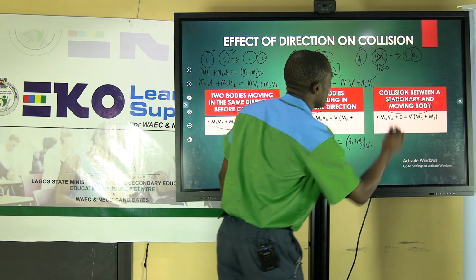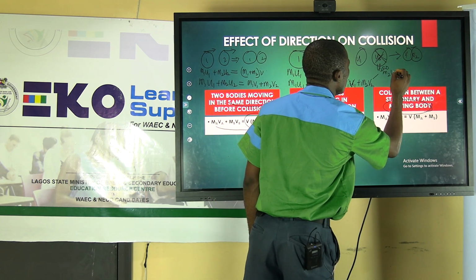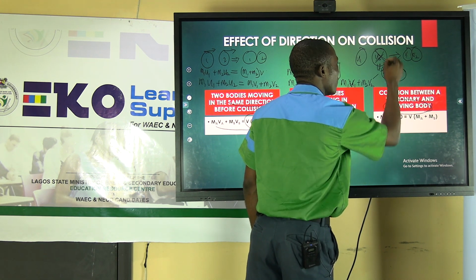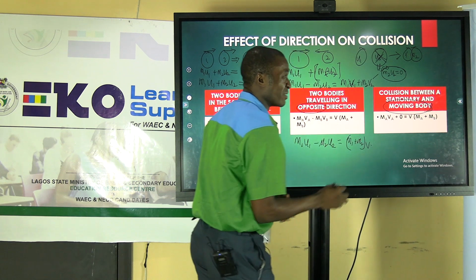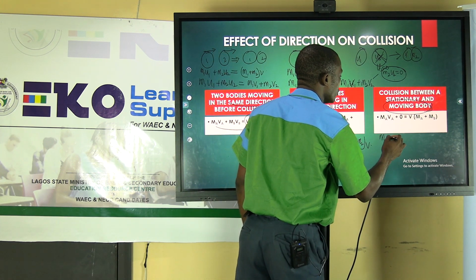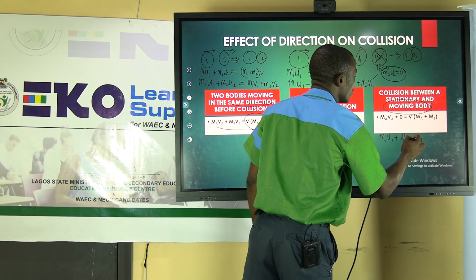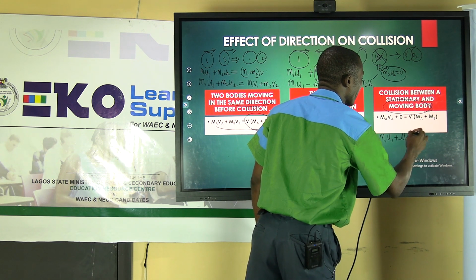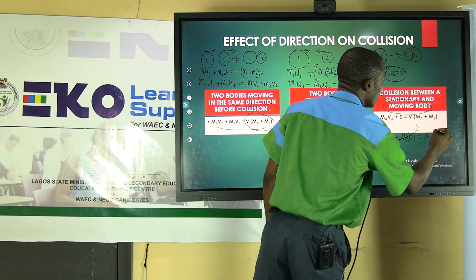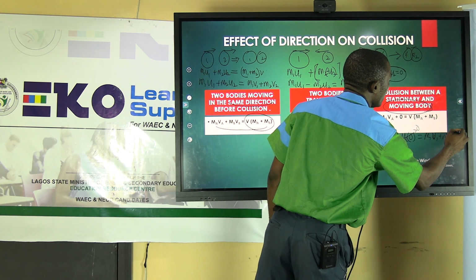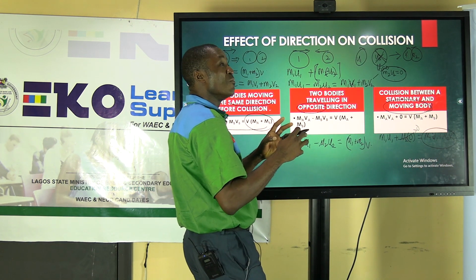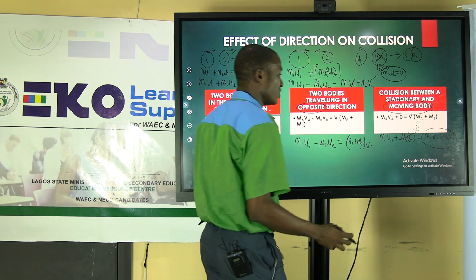So m2 u2 will be equal to 0, which means the initial momentum for the second object that is at rest will be 0. So you are going to have m1 u1 plus m2 u2, because u2 is 0, that part becomes 0. It will be equal to m1 v1 plus m2 v2. This is if they move in different directions. That is, if they move separately, that is elastic collision.